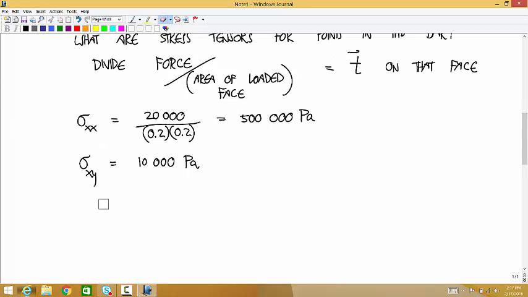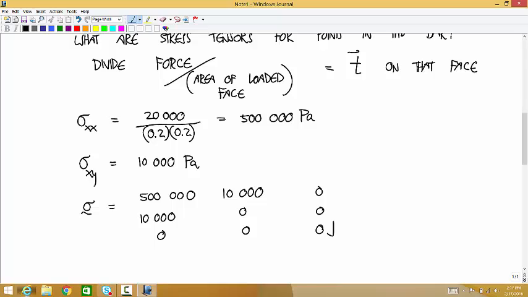And so every point inside this body has a stress tensor that's equal to 500,000, 10,000, 0, 10,000, 0, 0, 0, 0, 0 pascals.